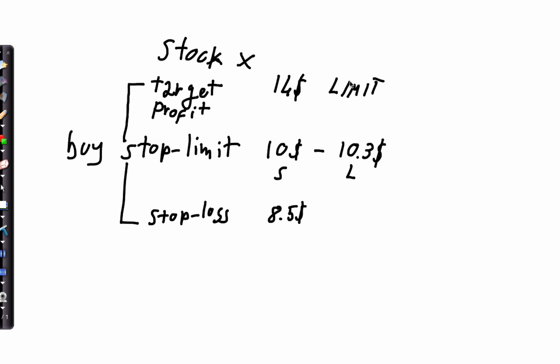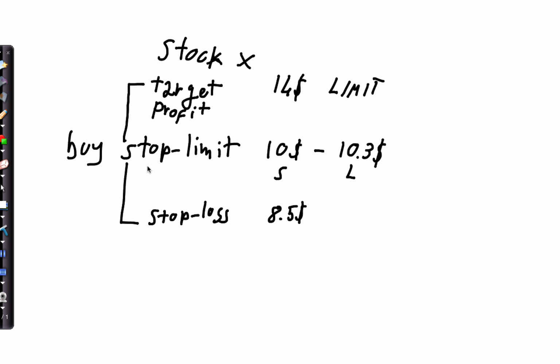Because remember, when you are selling, okay, the sell limit order means I want to sell at this price or better. So I want to sell at 14 or higher. So in other words, you are saying I want to have at least a profit of 14, but if there is a gap up and I sell at 15, well, even better, right?